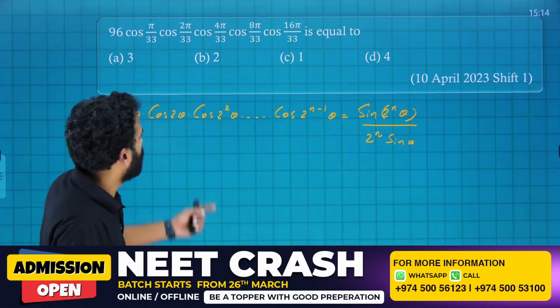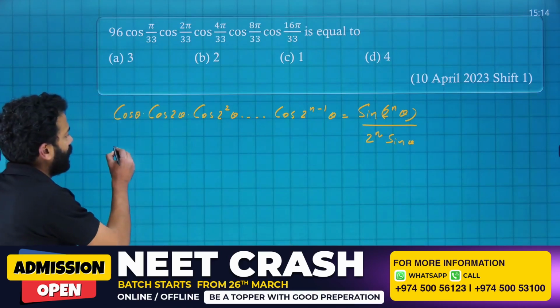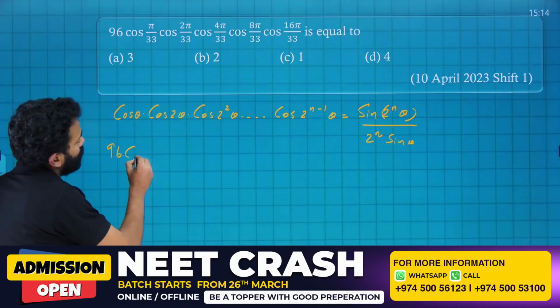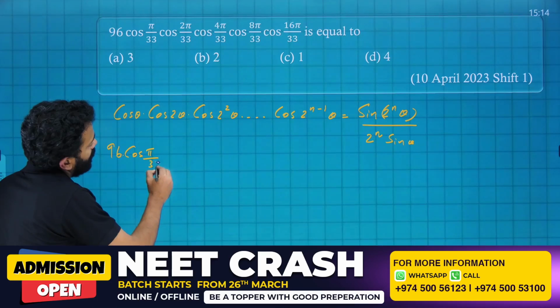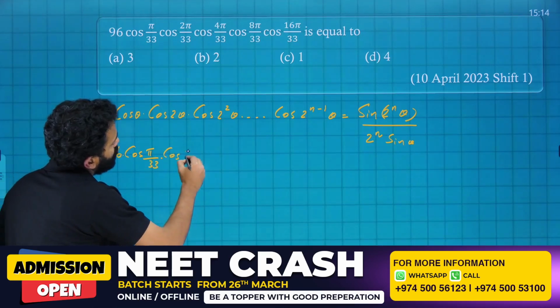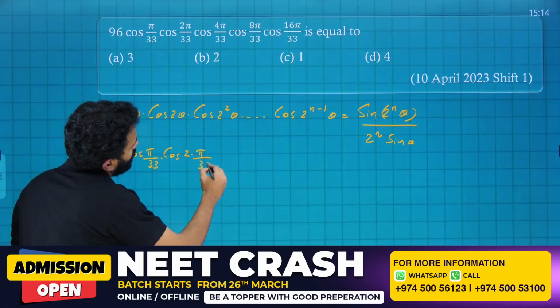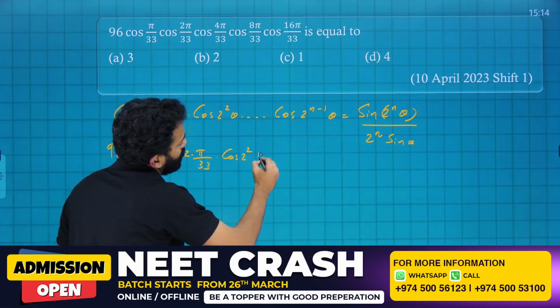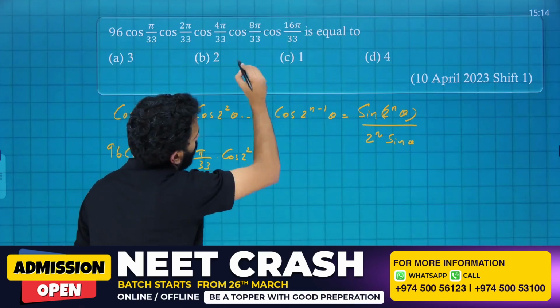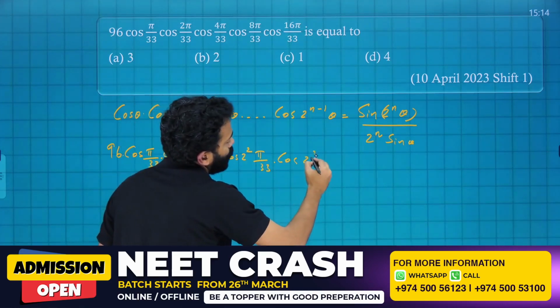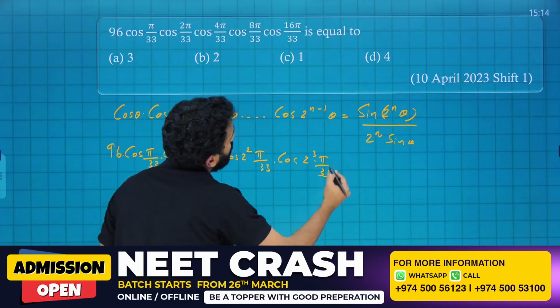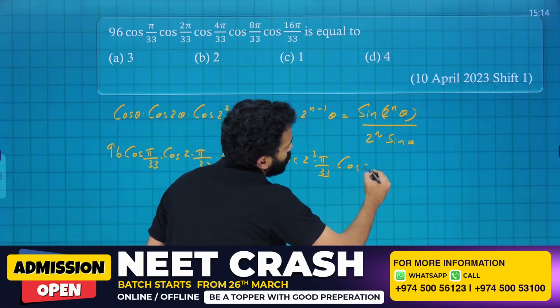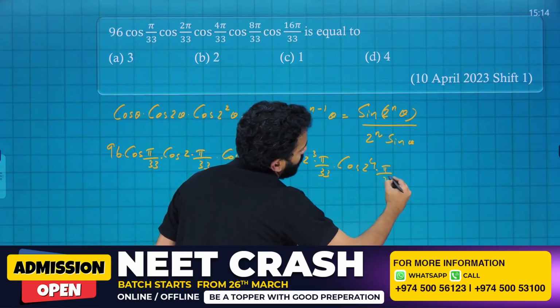Okay, so we can rewrite it like 96 into cos pi by 33 into cos 2 into pi by 33 into cos 4, which can be written as 2 square into pi by 33. 8 can be written as cos 2 cube into pi by 33 into cos 2 raised to 4 into pi by 33.